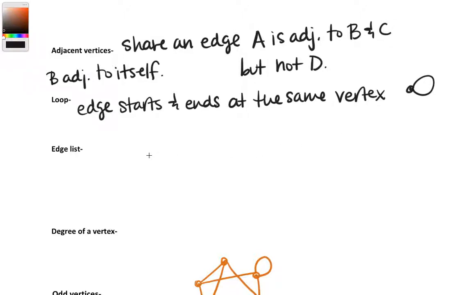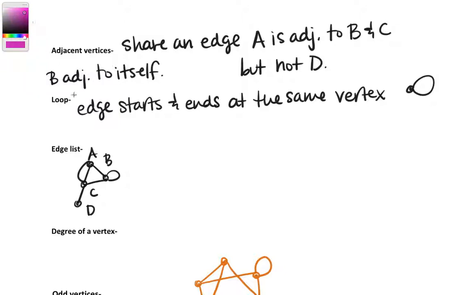The edge list is the list of edges that we've got. So let's redraw our graph above: vertex A, vertex B, vertex C, and vertex D. We're going to list the edges by what vertices they connect.